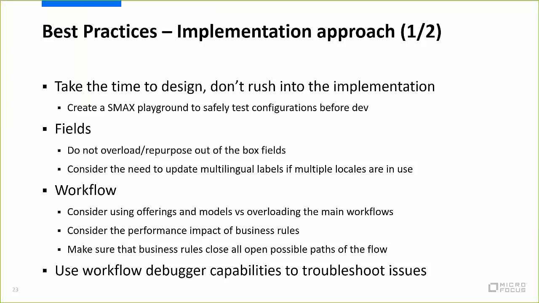And if you have business rules or transitions with specific paths, make sure you always close those flows, so you don't have situations where a record randomly goes in a specific direction because there is no clear indication.